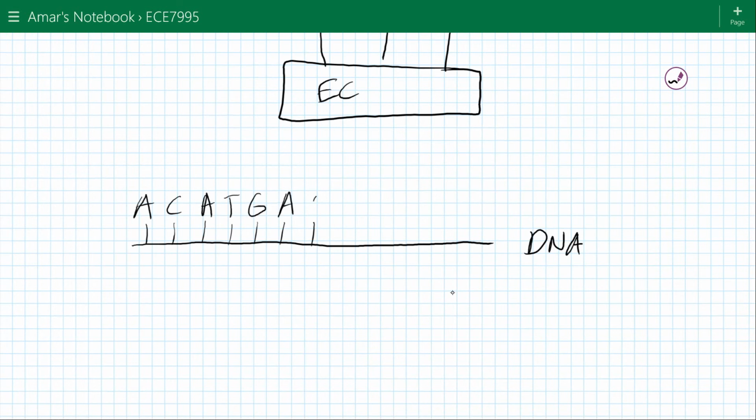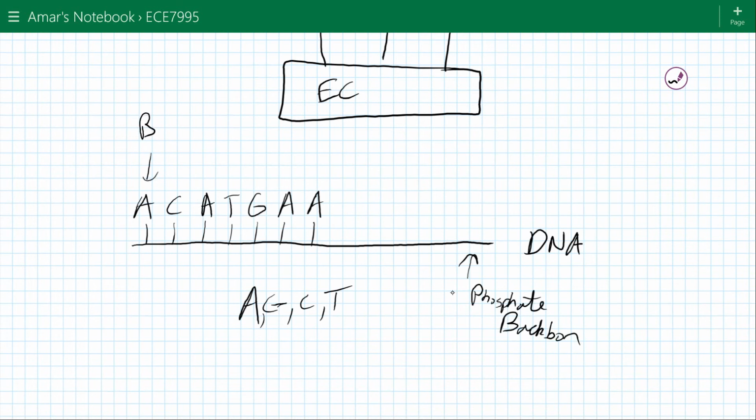There are 4 possible bases: A, G, C, and T. DNA is just this molecule. This is called a phosphate backbone. And these are called bases or nucleotides.